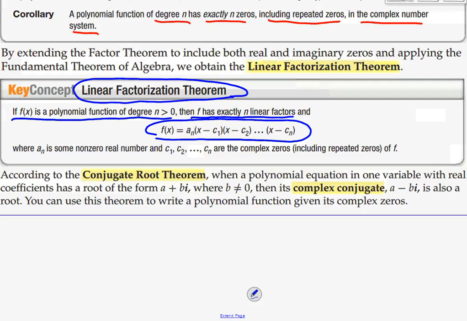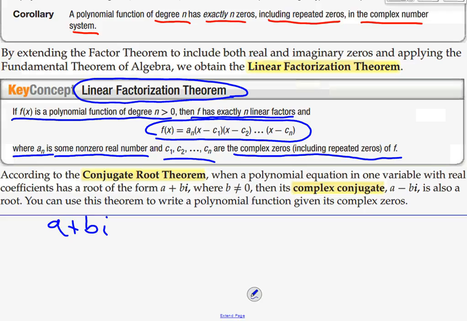Where a sub n is some non-zero real number, often 1, and c1, c2 through cn are complex zeros, including repeated zeros of f. And I want to remind you that complex numbers are a plus bi, right? So a plus bi is the general complex number.